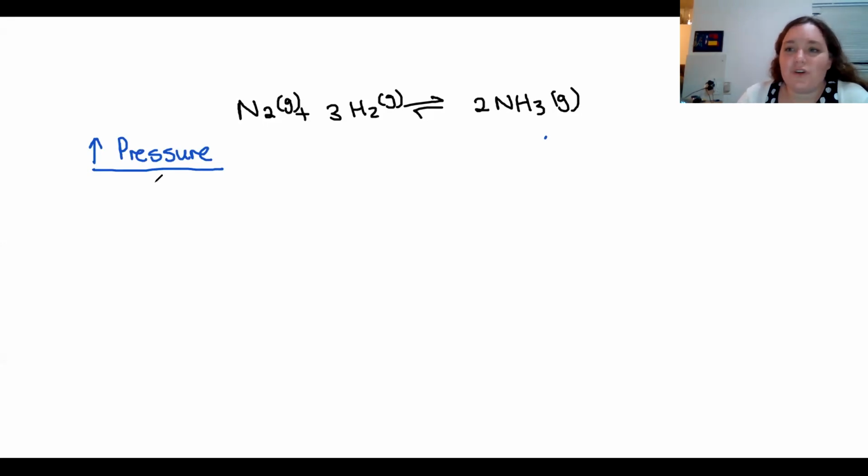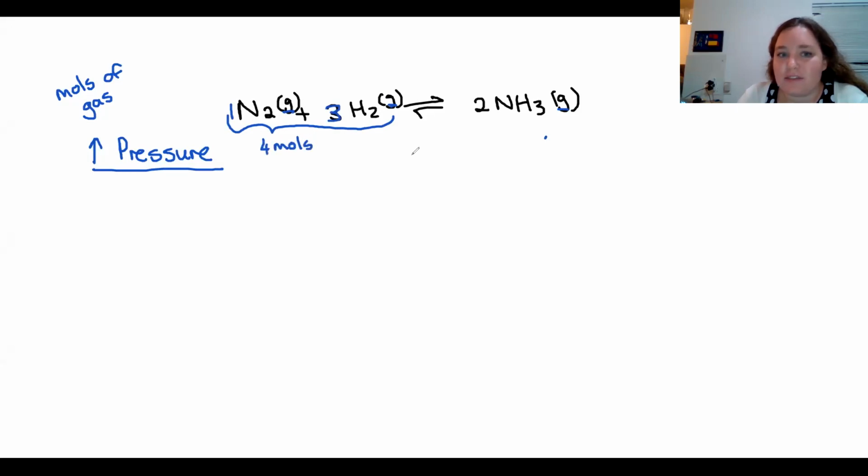All right, so if we increase the pressure, the rule that we've got here is that whenever we look at pressure, we're going to specifically focus on the moles of gas. So what I tried to do at this time is look here and see that both of those have got gases. On the starting material side, I have got 1 plus 3, so 4 moles of gas.